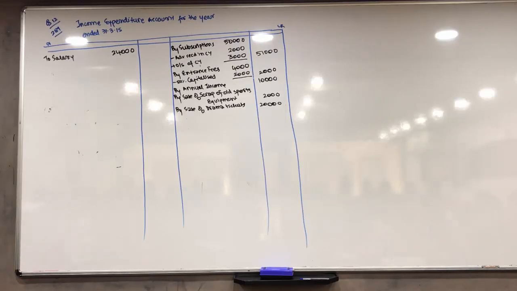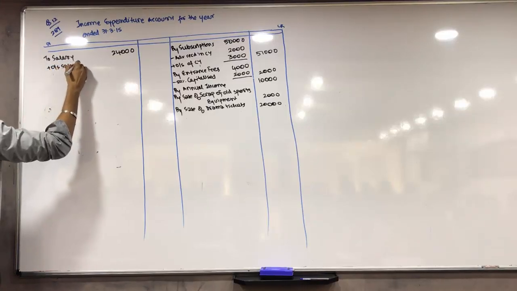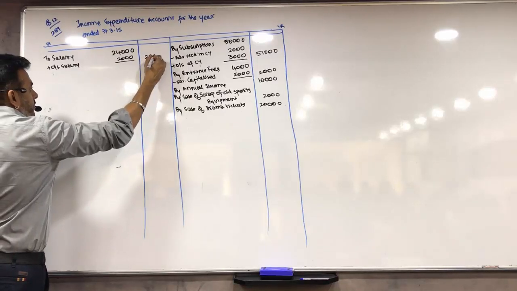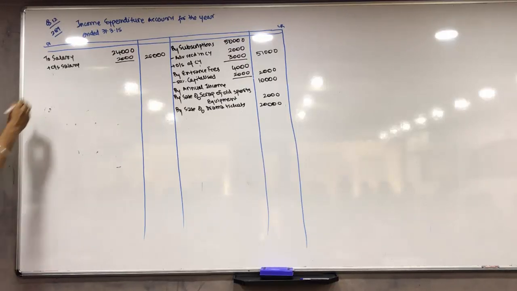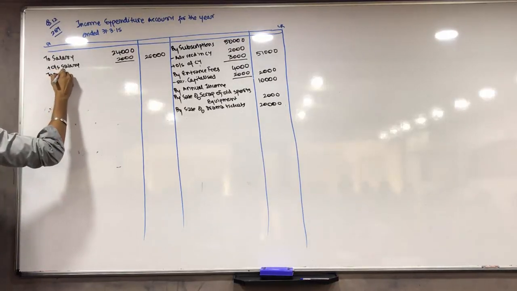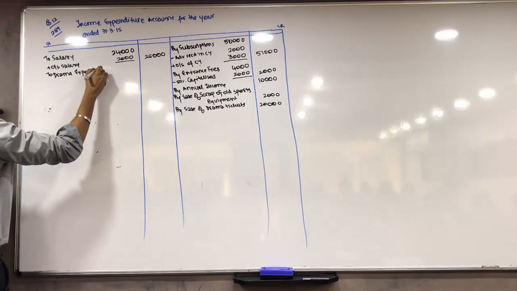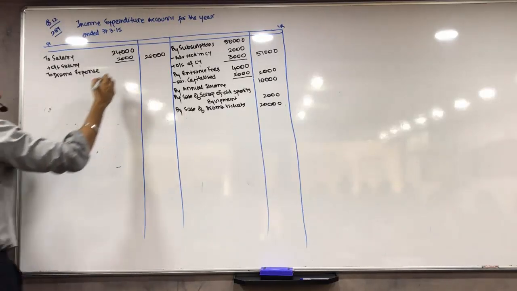Adjustment: salary outstanding 2,000, plus outstanding salary, 26,000. Drama expense. To drama expense 10,000.